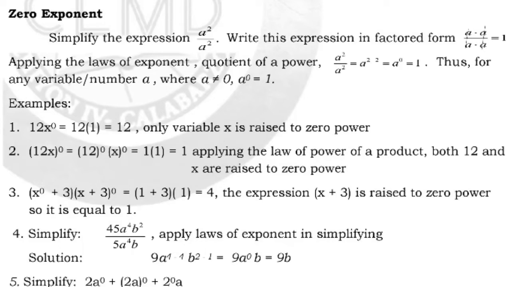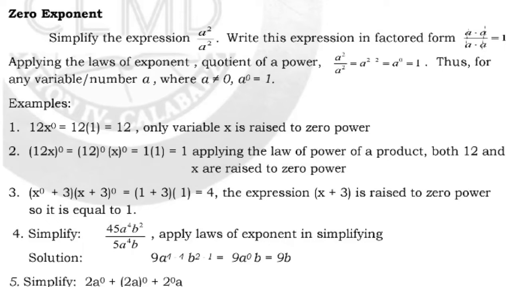So applying the laws of exponent, quotient of a power, the one that we have discussed a while ago, a squared over a squared. What you're going to do is copy the base a, then subtract the exponents, 2 minus 2. So 2 minus 2 is equal to 0.